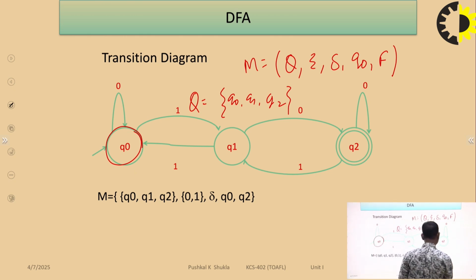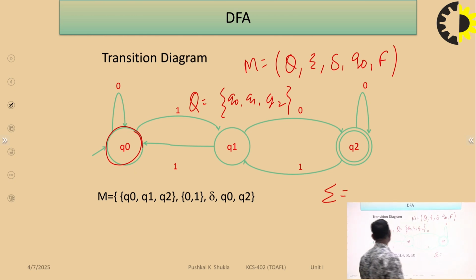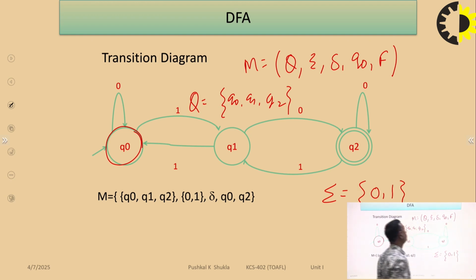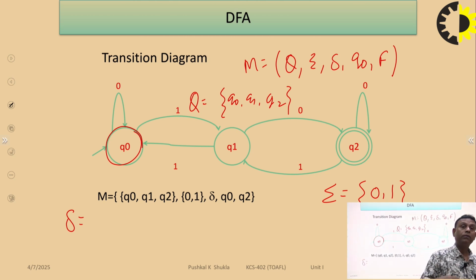Input alphabet, sigma, is equal to the inputs given to this DFA, that is 0 and 1. So the input is 0 and 1. The transition function is important for DFA. It is a way of representing the DFA.